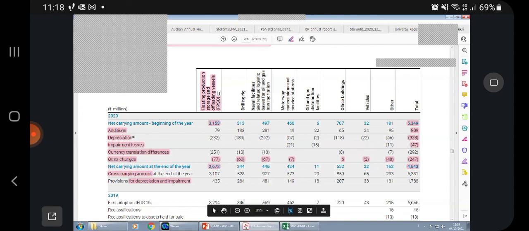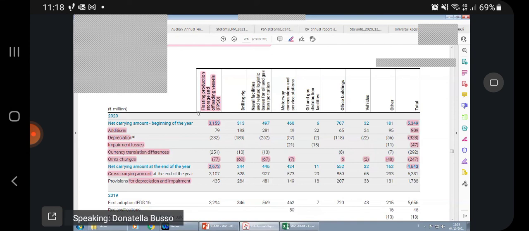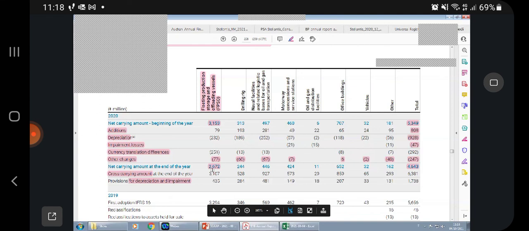These are very big vessels, used by E&I in order to store the oil, store the gas, and offload. As you can see, 2.6 billion of right of use assets due to this very particular type of assets. This is, of course, typical of this business.